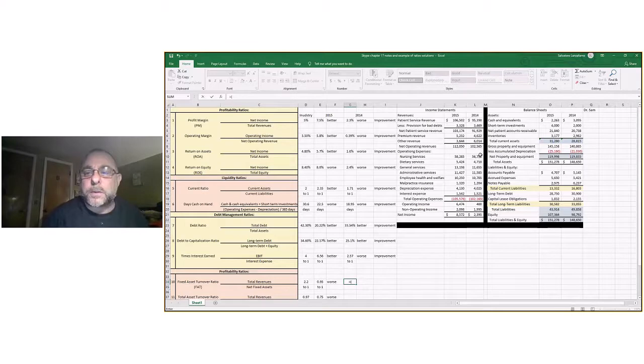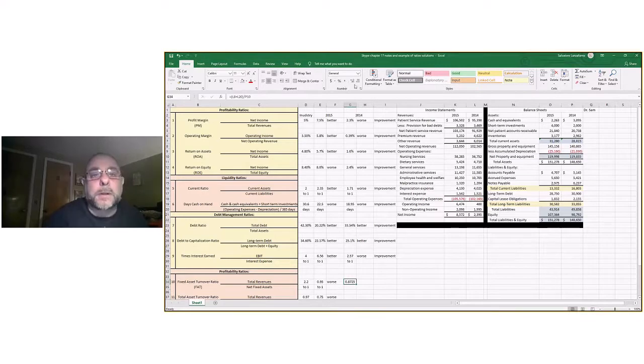So 102,565 plus this non-operating revenue of 1995. And then we want to divide that by our net fixed assets, and that's basically your net property, plant, and equipment. The fixed assets are basically those assets that get depreciated.